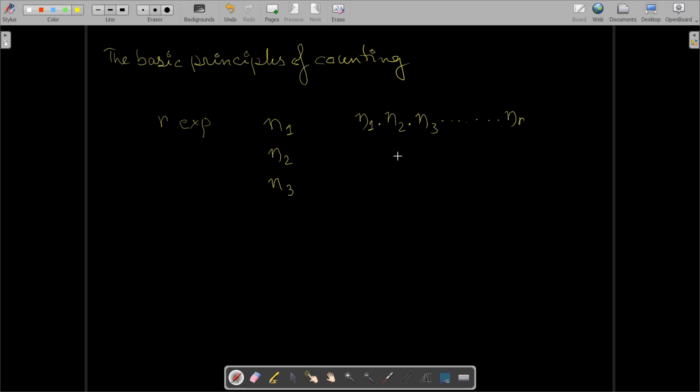Confused? Let me explain this with an example. A state allots 7 place license plates for cars.